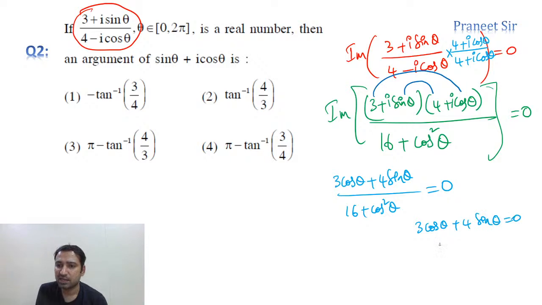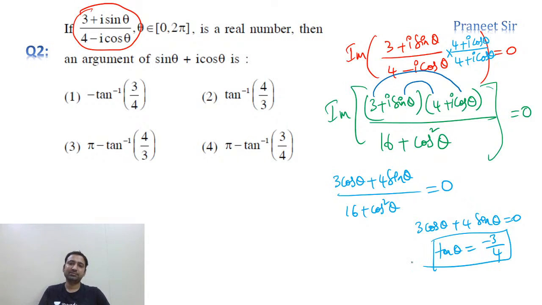So tan theta is equal to minus 3 by 4. Tan theta is negative, we are getting it.